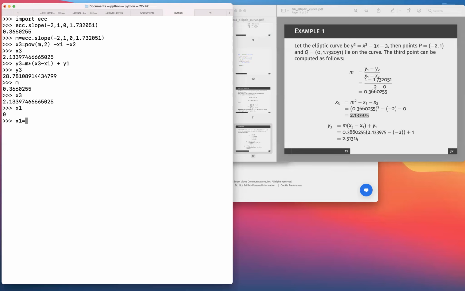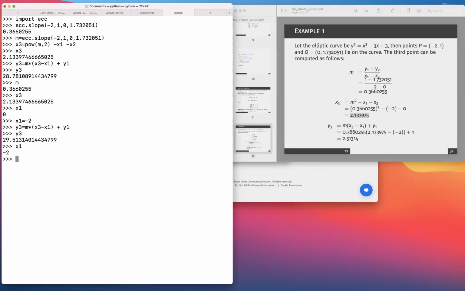x1 is equal to minus 2. If I do that again, we have y3. Sorry, guys.